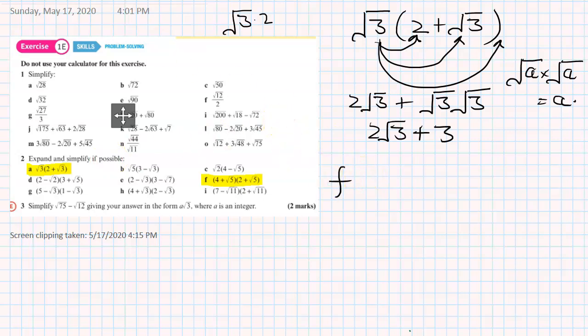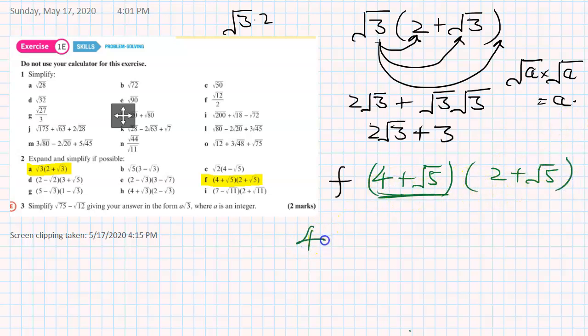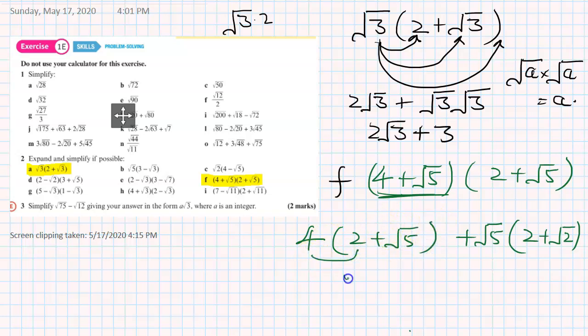Part F. Four plus root 5 and 2 plus root 5. You can break it into two parts. One is 4 and the other is root 5, and then multiply the second bracket, 2 plus root 5, to both the numbers. That is 8 plus 4 root 5 plus 2 root 5.